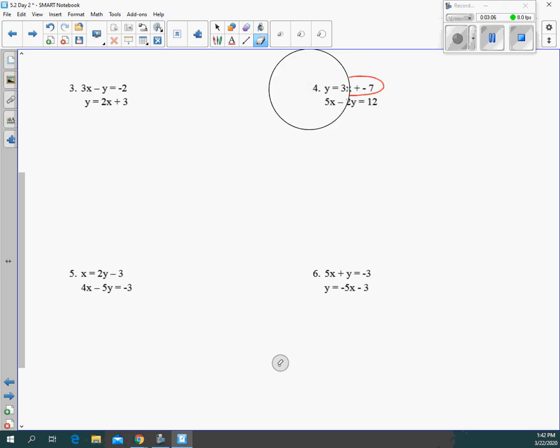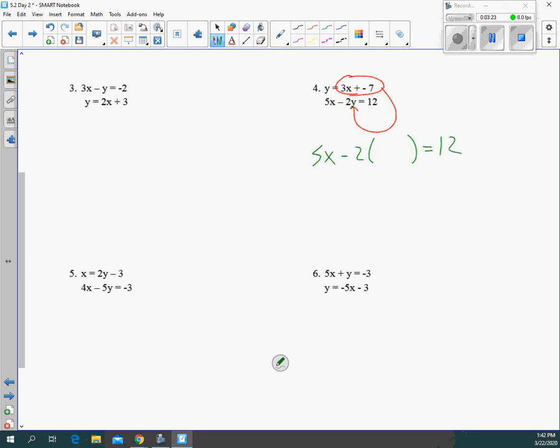Since that 3x minus 7 is what y is, I'm going to plug it in for the y in that equation. Therefore, when I rewrite the next equation, it's 5x minus 2 times y equals 12. But instead of writing y in there, I'm going to write 3x minus 7. Distribute all that good stuff out.